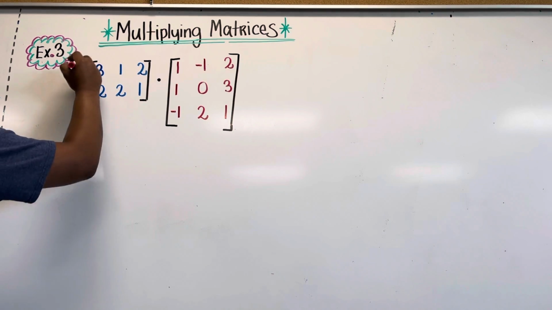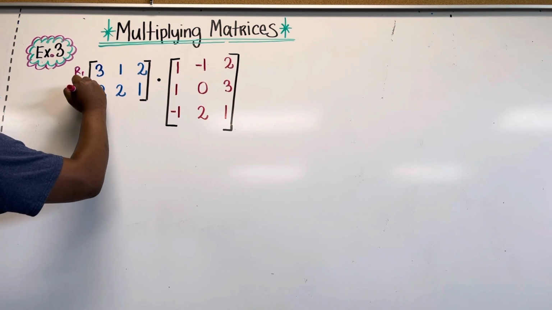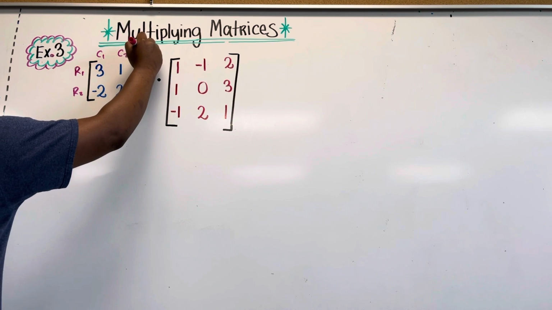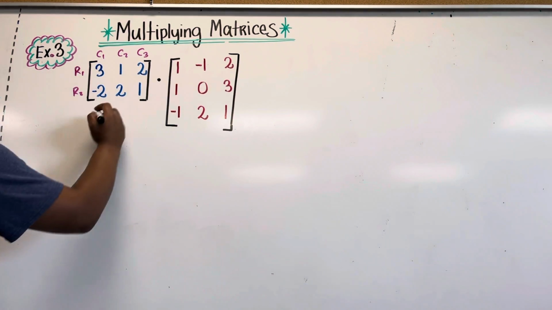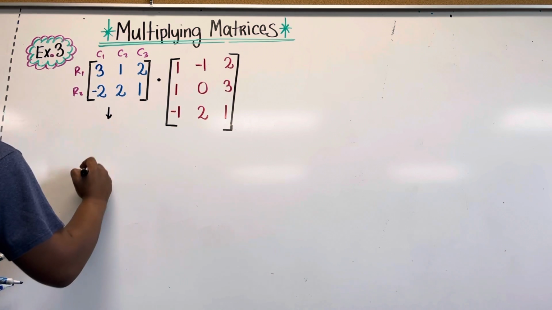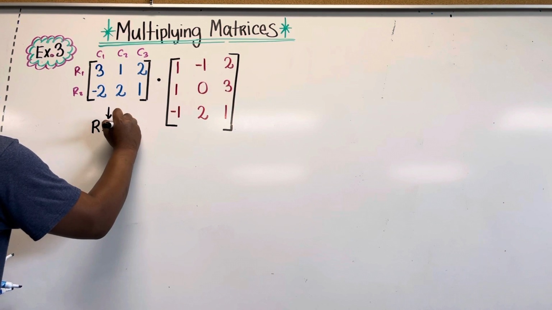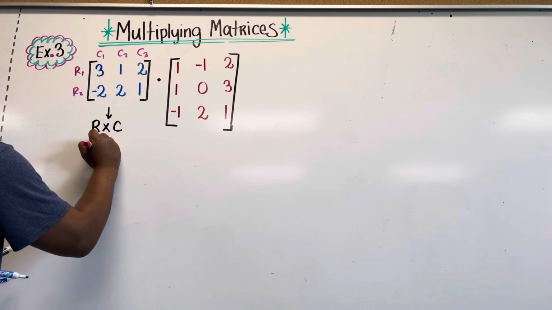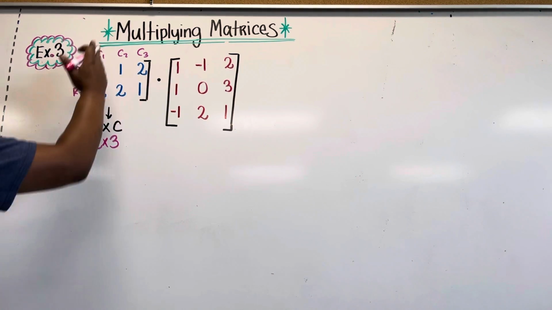This matrix has 2 rows. There's a row 1 and a row 2, and there's a column 1, a column 2, and a column 3. So this matrix is a 2 by 3 matrix when it comes to rows versus columns, because there are 2 rows and 3 columns.